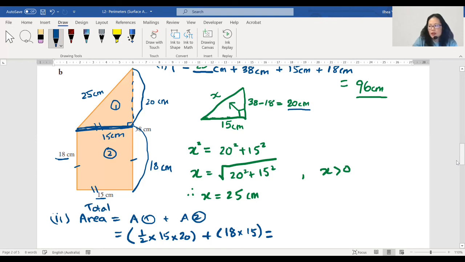You will get 150, plus, and 18 times 15, you will get 270. When you add it all together, you'll get 420. What was the unit? Centimeters squared. Make sure you put the square in it because it's area.